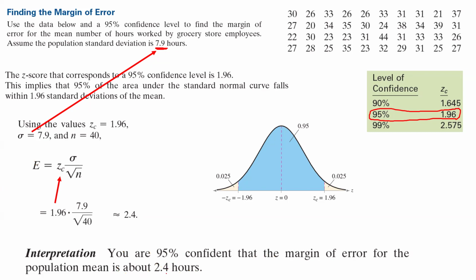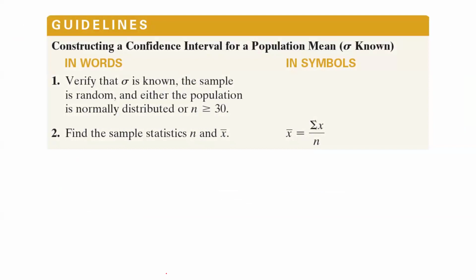What's the next step? In the next step, we're interested in constructing the confidence interval. To construct the confidence interval for population mean, when sigma is given to you, verify that the sample is random, and the population is normal, or you have at least 30 data in your collection. Next, you need to find the sample statistics n and x bar.